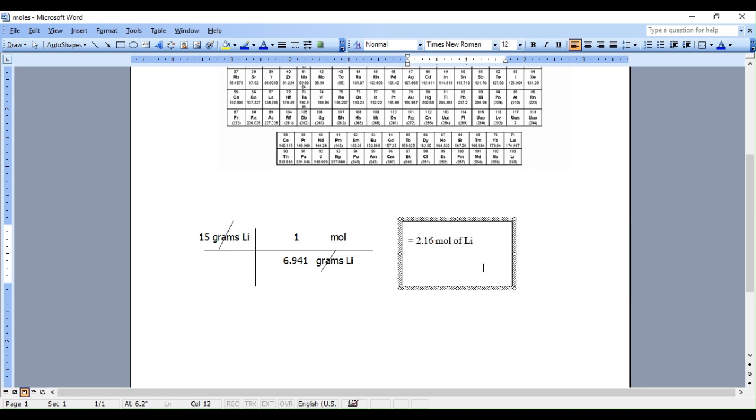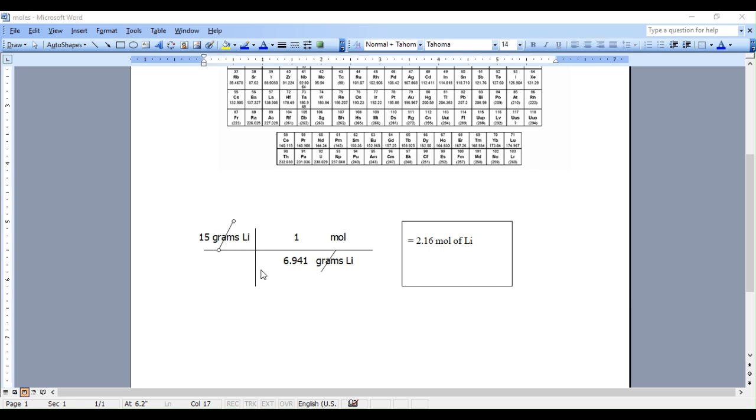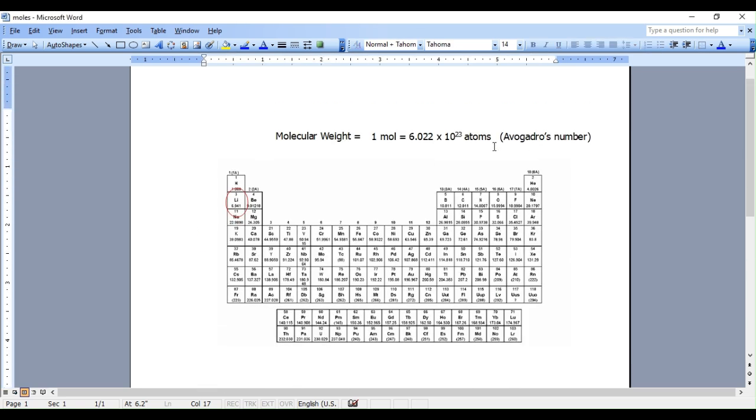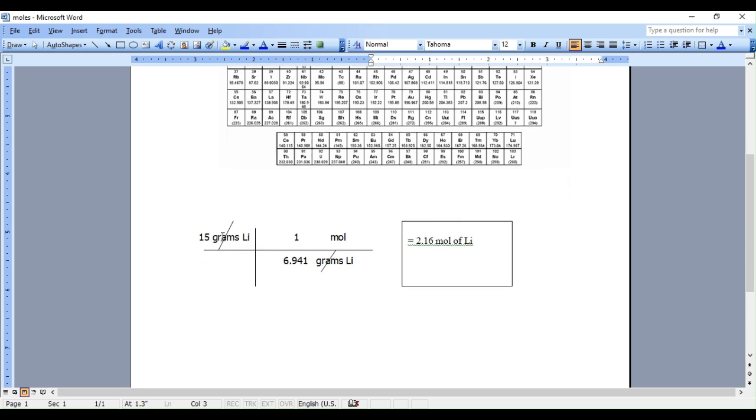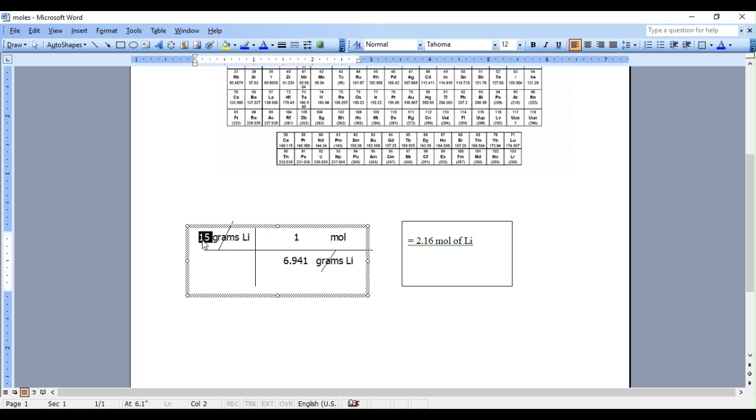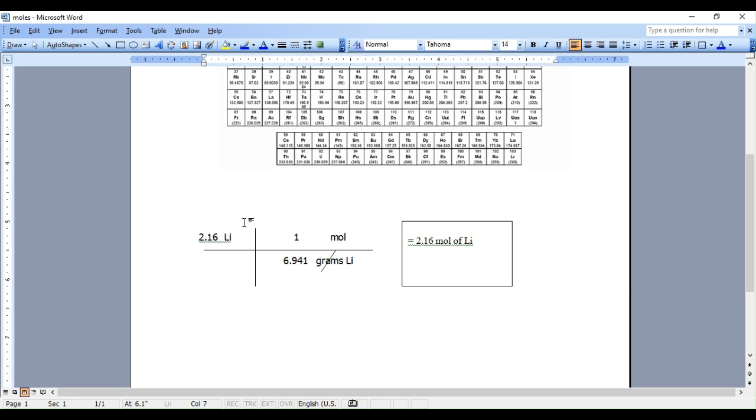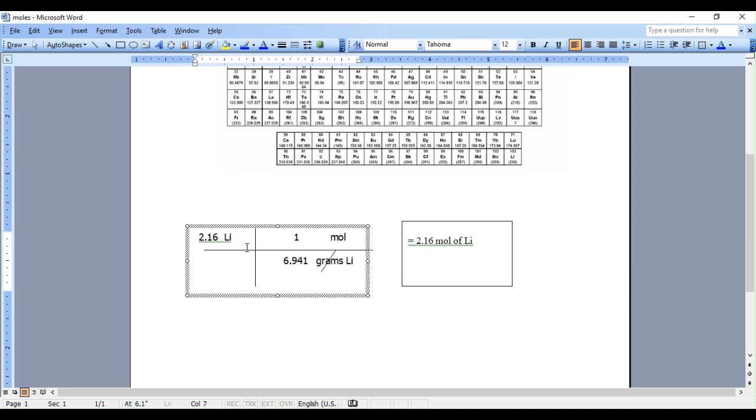And how many atoms is that? Well, it's 2.16 moles. So in dimensional analysis, I know 1 mole is 6.022 times 10 to the 23rd atoms. Now I have to start with the number of moles, not with grams. So 2.16 moles of lithium, that's what I have.